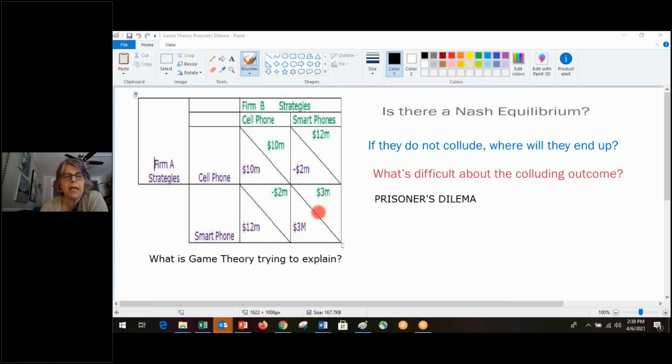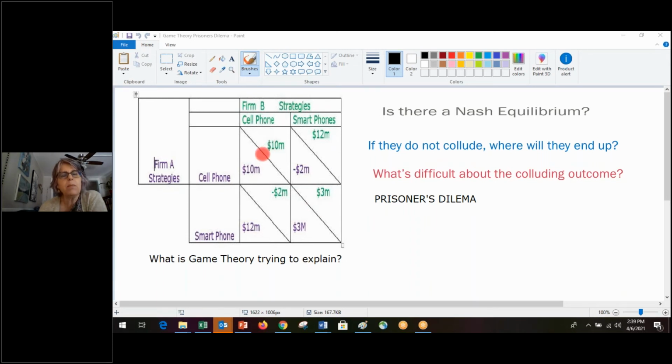If they change their behavior, the only thing available is to go from smartphones to cell phones. If they do that, they're losing money. So what you see is a suboptimal outcome. This is a stable Nash equilibrium. Once you get there, you're not going to move.